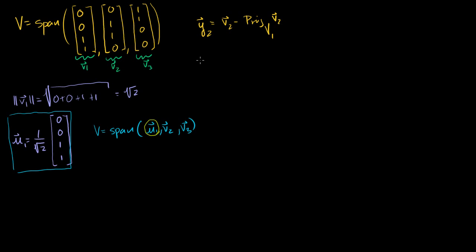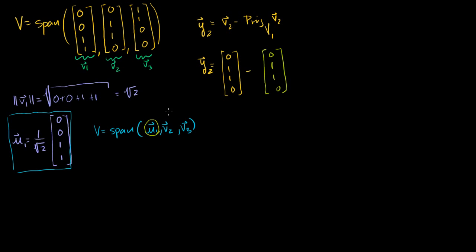And that's just going to be equal to Y2 is equal to V2, which is 0, 1, 1, 0, minus V2 projected onto that space, which is just the dot product of V2, 0, 1, 1, 0, with the spanning vector of that space.